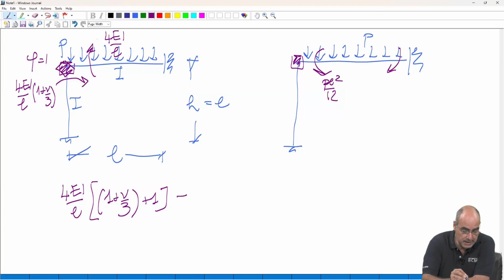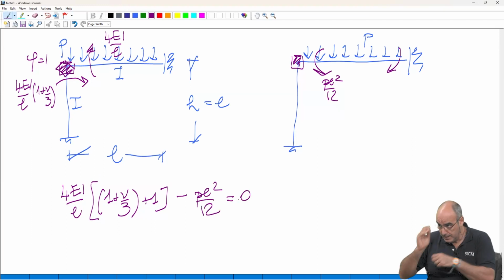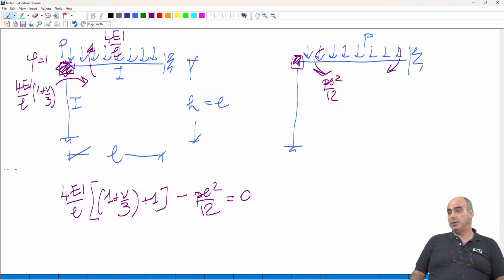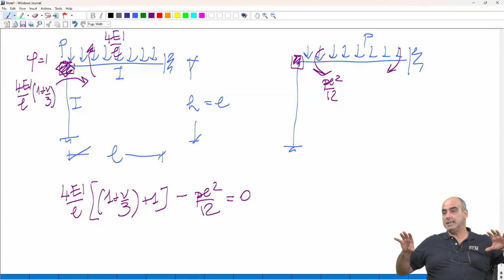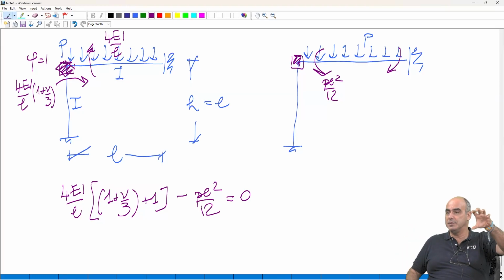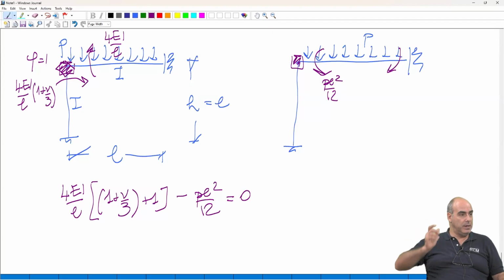So you see these moments are clockwise, this moment is clockwise, so it should be minus PL squared by 12 equal to 0. This is my moment equilibrium equation. The moment equilibrium equation states that those moments arise because of the extra constraint that I have put there. That extra constraint, that blocking, that freezing of the rotation, does not exist in reality. So any moment there should be self-equilibrated, times phi.